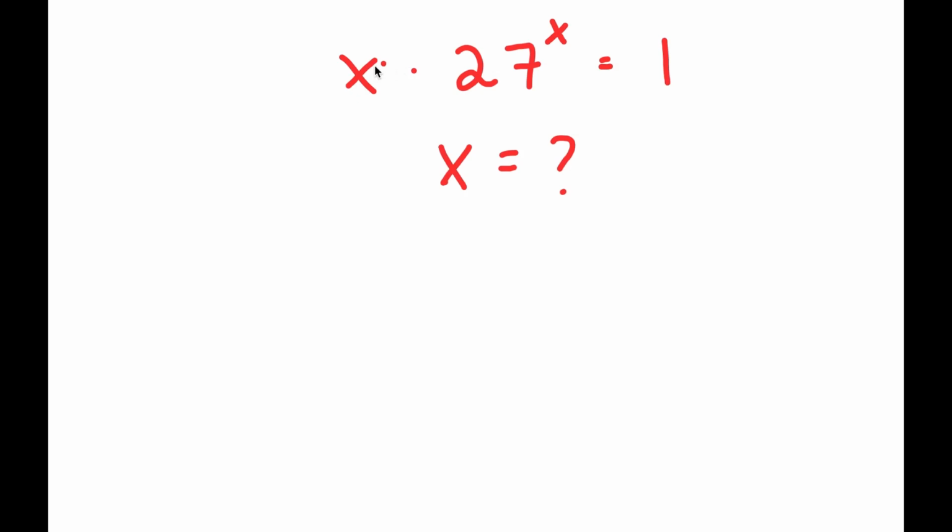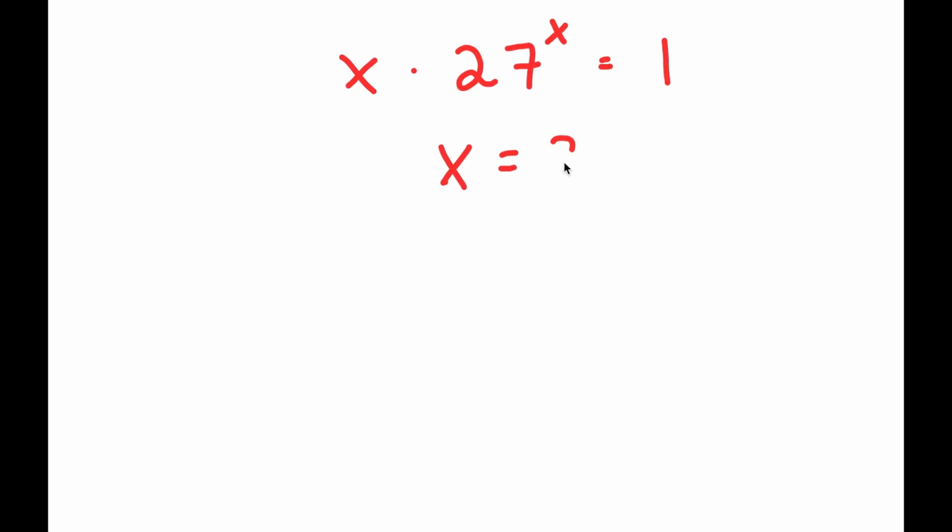And now the reason I did this is because if I have something in the form a to the power of m to the power of n, this is equal to a to the power of m times n.